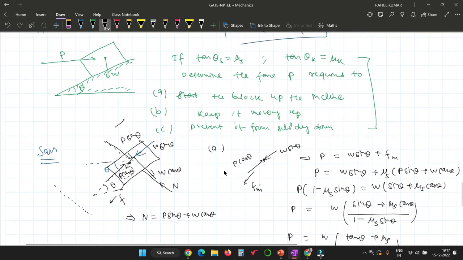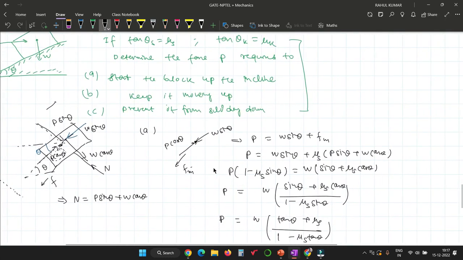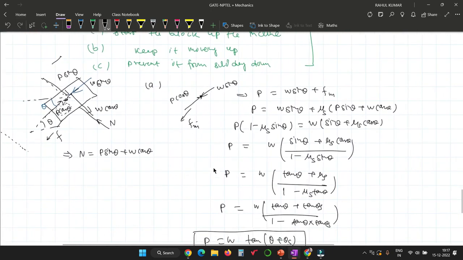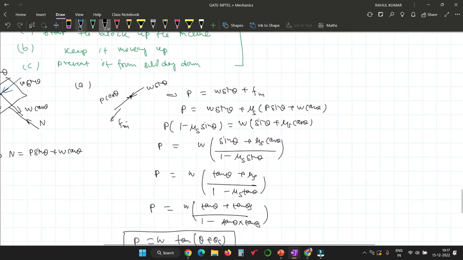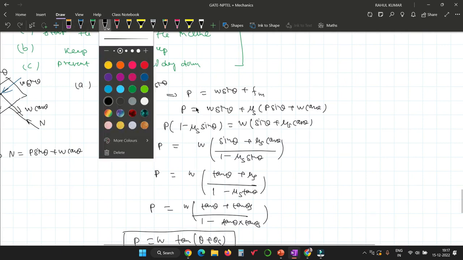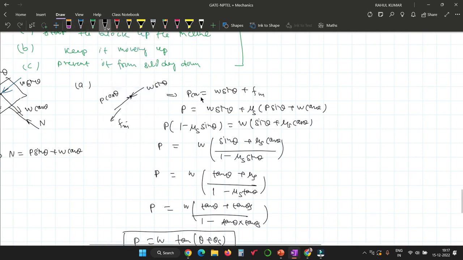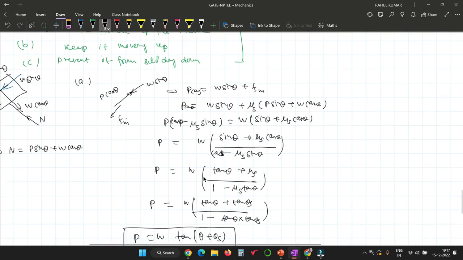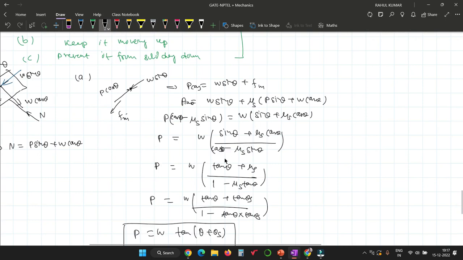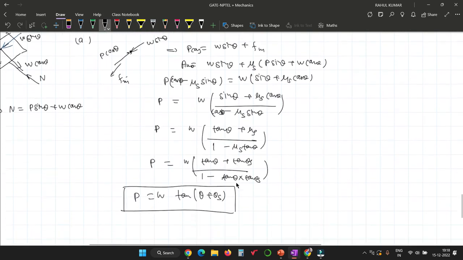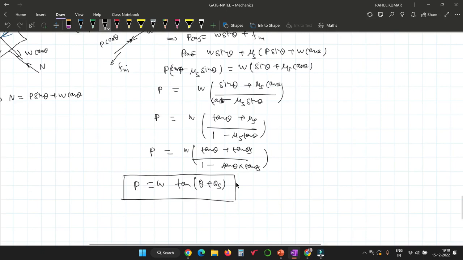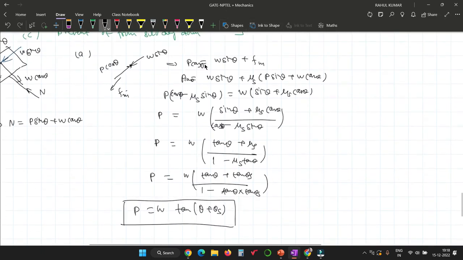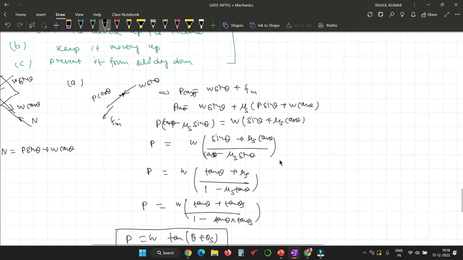Yes, I was doing it wrong. That's why I'm dividing by cos theta, and then it becomes 1, and here it is mu s tan theta. Now is it correct? Yes. So that is case A.